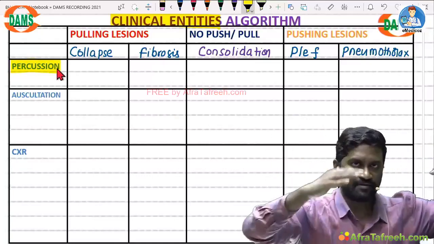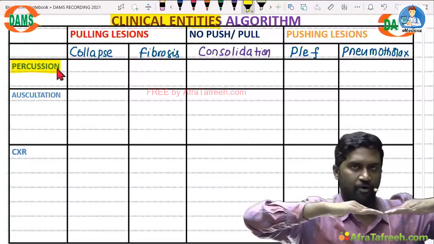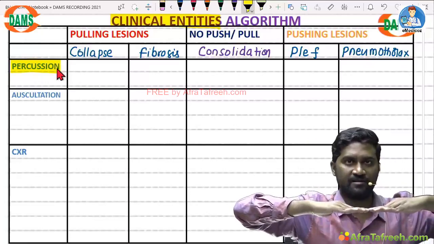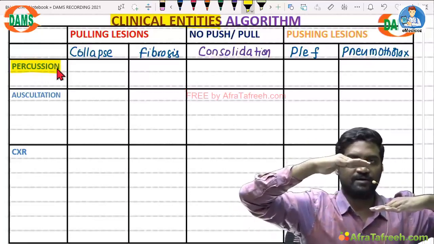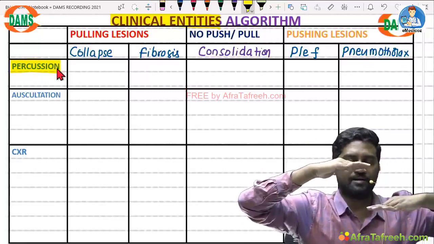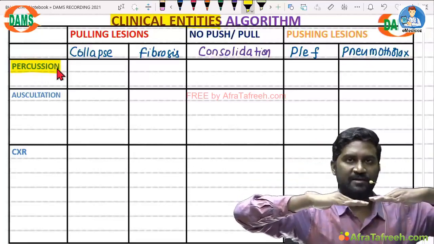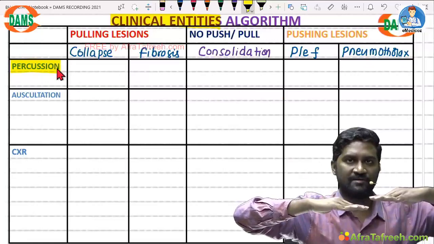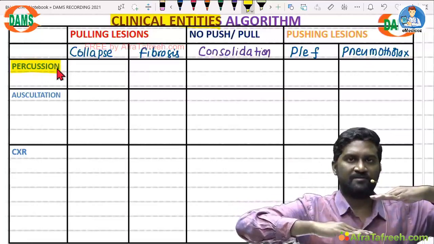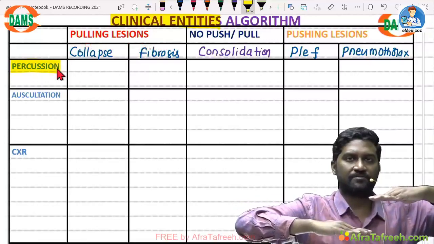If you consider this is the level of normal lung resonance, anything more than that is called a hyper resonant or tympanic note. Anything slightly less than normal lung resonance is called an impaired note. Still less, it is called a dull note. Maximum dullness is called a stony dull note.